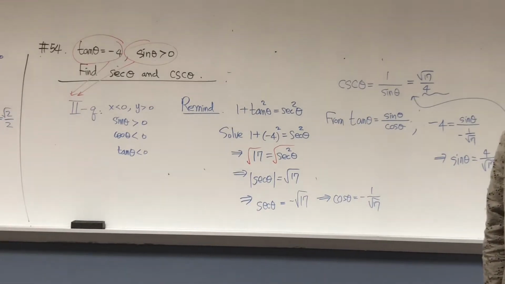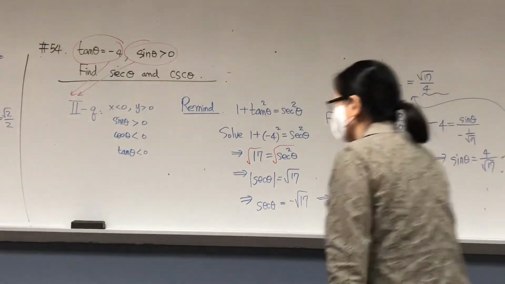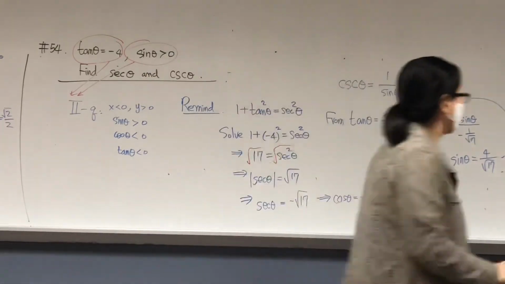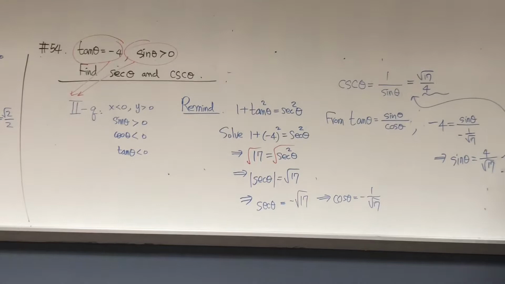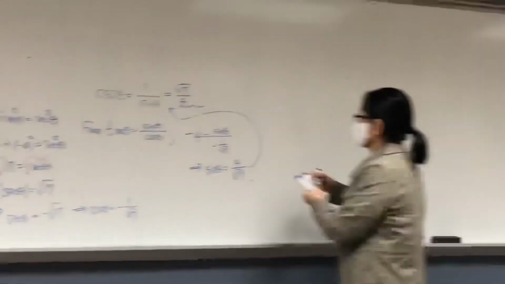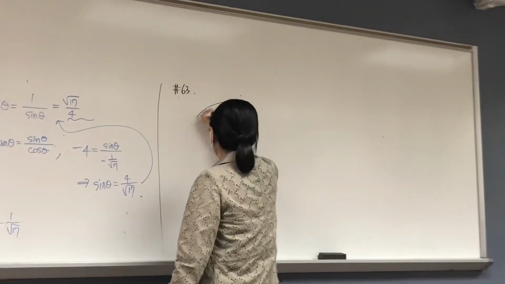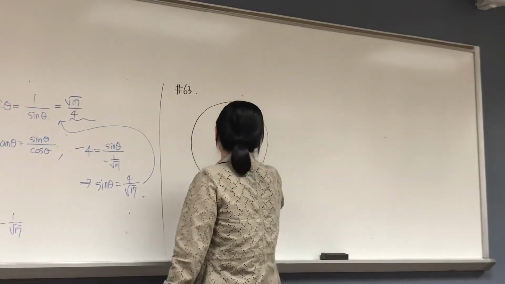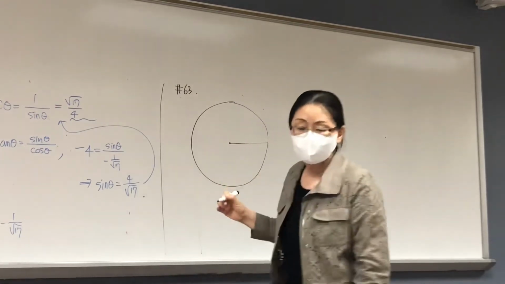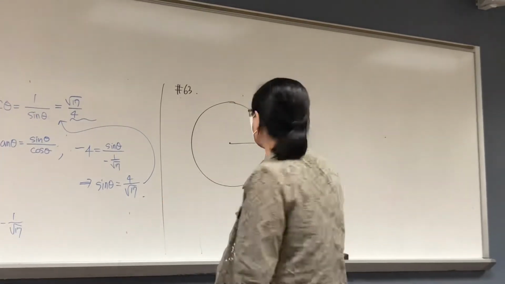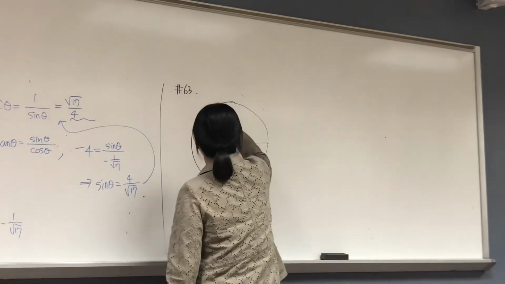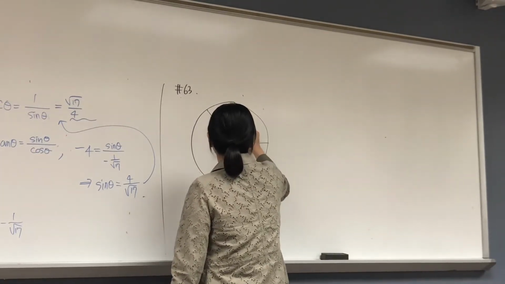How about 63? Okay. 63. You have a circle with the radius 2 and the angle 120.